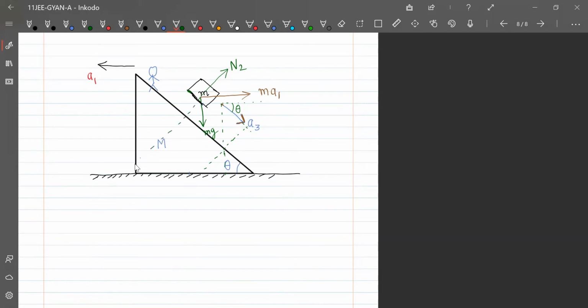And if you want to talk about this angle, this angle is 90 minus theta. So this one is theta, this one is theta. So vertical में n2 cos theta आ जाएगा, horizontal में n2 sin theta आ जाएगा.